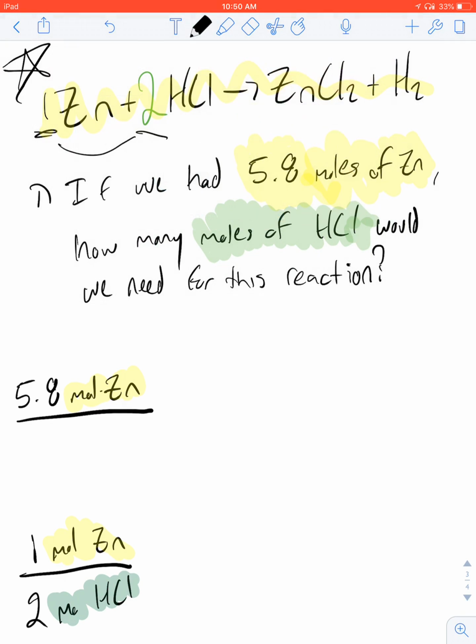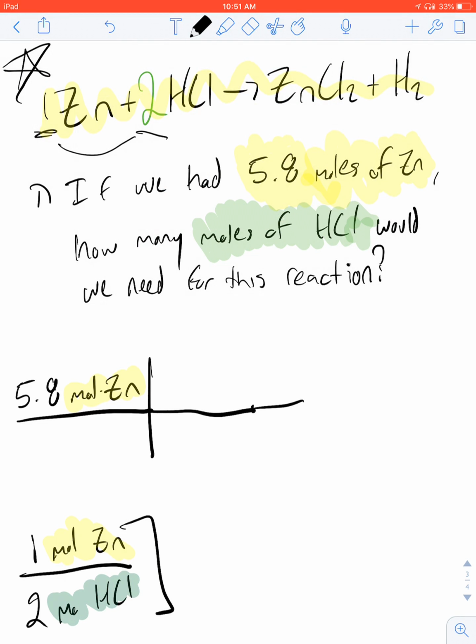And then we're just going to use dimensional analysis to convert between units of moles of zinc to units of moles of HCl. So we have this mole ratio right here, and we're going to use that in our dimensional analysis up above.